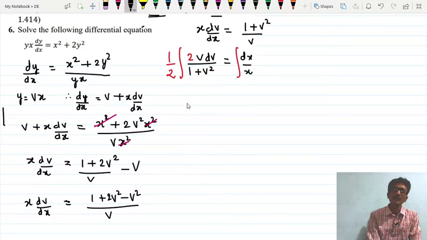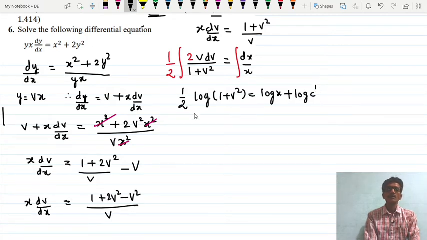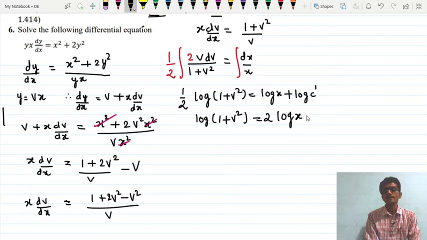So it is 1 by 2 log of 1 plus v square, and it is log of x plus log of c dash we can write, which is log of 1 plus v square is 2 times log of x c dash.